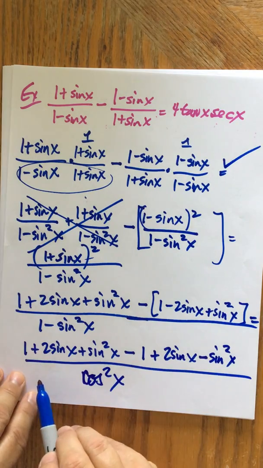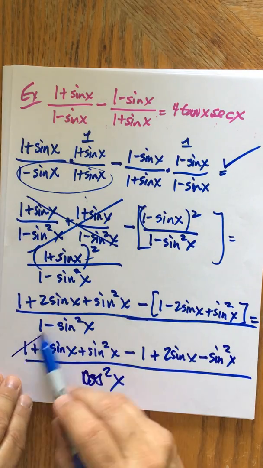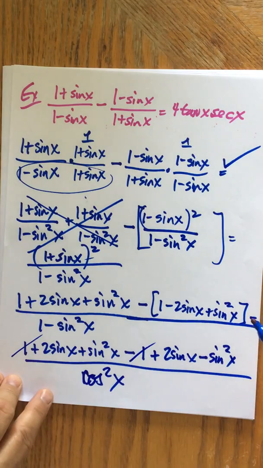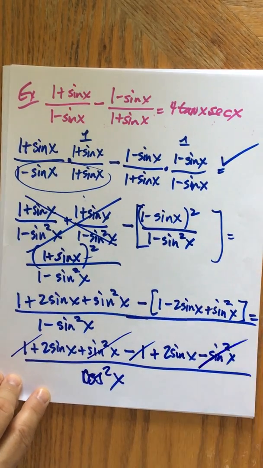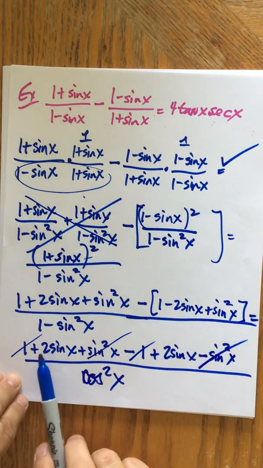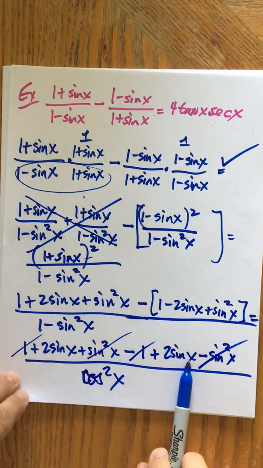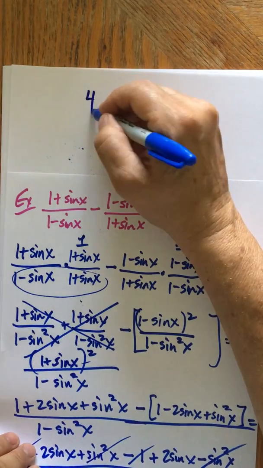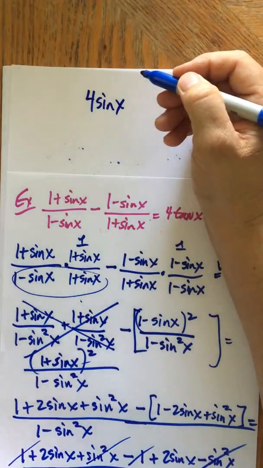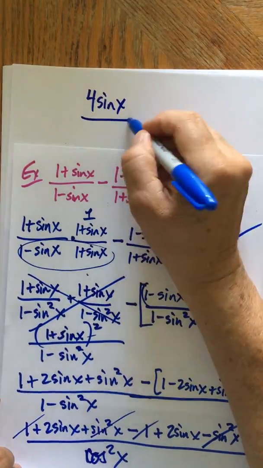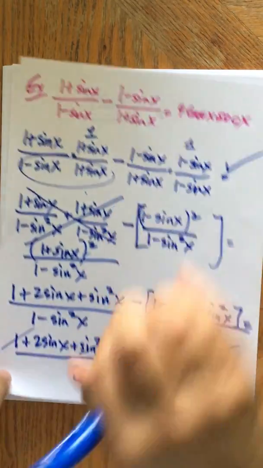All right, so we have the 1 and the negative 1. The sine squared x and the negative sine squared x cancel, and I get 2 sine x plus another 2 sine x is 4 sine x in the numerator, divided by cosine squared.